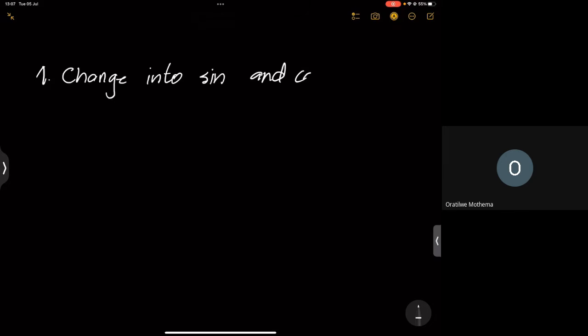That simplifies things for us, because we know we'd be working with sine and cos. So something to remember is that the tan of theta, or the tan of any angle, would be equal to the sine of that angle divided by the cos of that angle. So that's the first thing. We change everything into sine and cos.